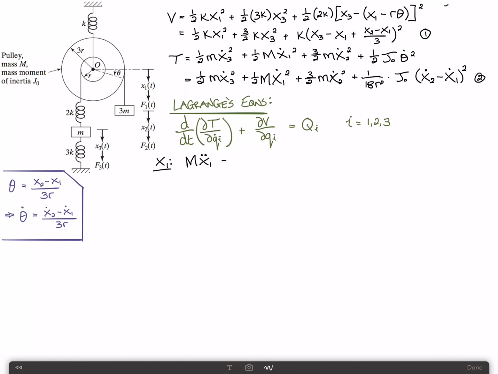The derivative of this, using the chain rule, is 2 times x2 dot minus x1 dot times the derivative of x1 dot, which is minus 1. So I get a minus sign, J0 over 9r squared, because I multiply by 2, times x2 minus x1, and I take a time derivative of those, which gives me a double dot on each of them. Maybe take a second to convince yourself that's correct.